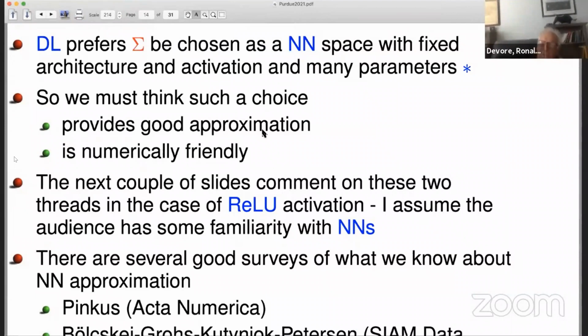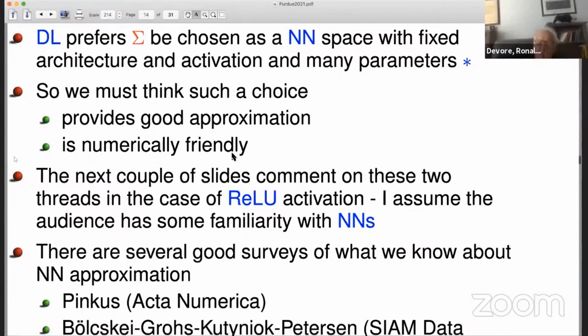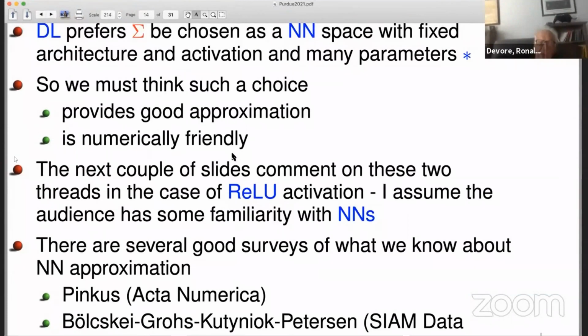They somehow think that it provides a good approximation. And secondly, that it's somehow numerically friendly. It should be easy to implement neural nets. And so what I want to do is address these two issues. Why is it a good approximation? If so, why? And is it numerically friendly?